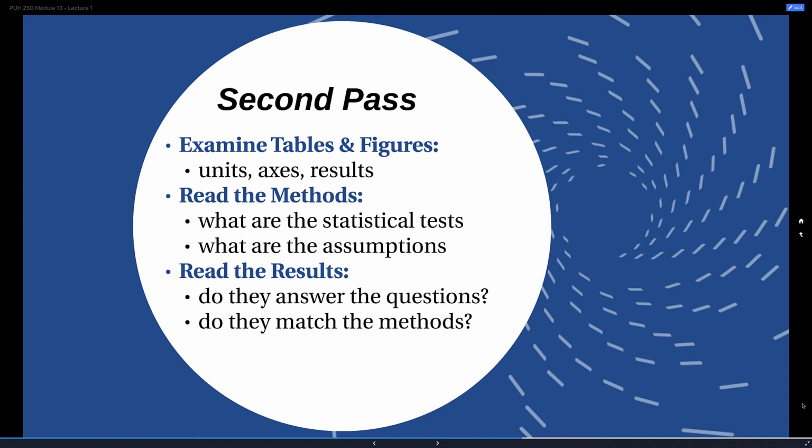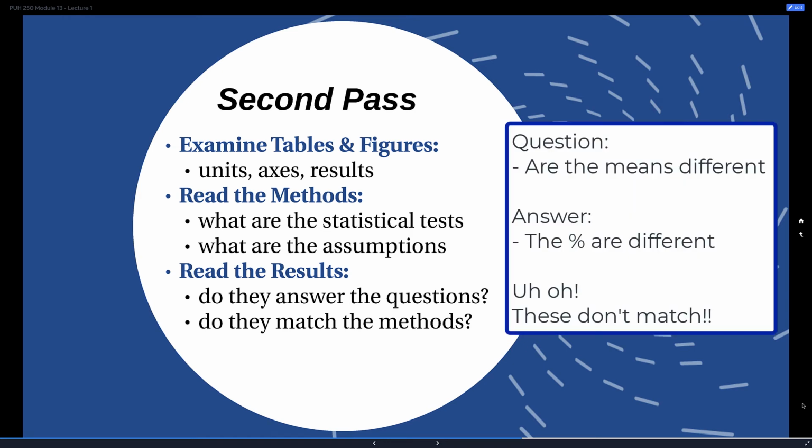And then in the results part are the results that they publish from the methods they said they were going to use. So if in the methods section they say that they're going to compare the mean between two groups, but in the results, they're talking about the proportion with, say, high blood pressure instead of the mean high blood pressure, then there's a disconnect there.